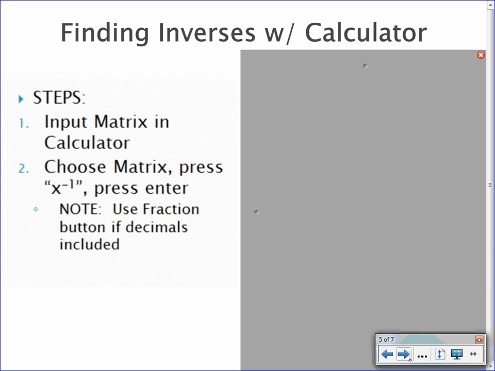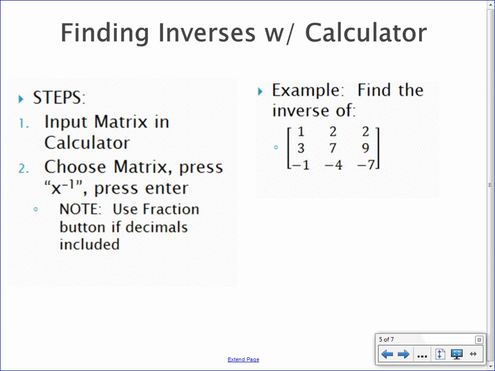You write down the steps for me. We're going to find the inverse of this matrix. I've already taught you how to input a matrix into your calculator. To get the inverse, the -1 as a superscript means inverse.